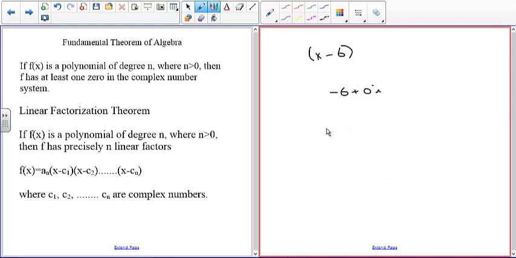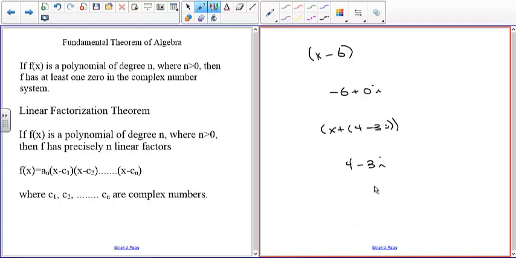Now you also have complex numbers. I might have x plus 4 minus 3i. So this 4 minus 3i is obviously a complex number made up of a real part and an imaginary part.